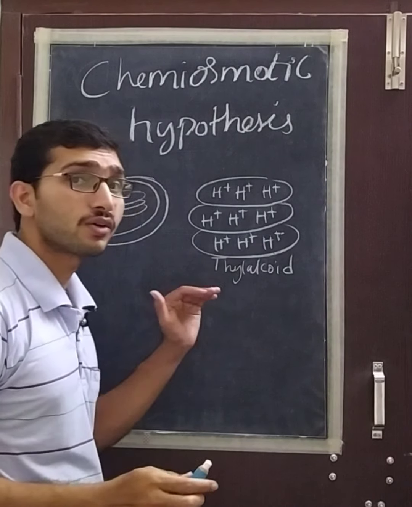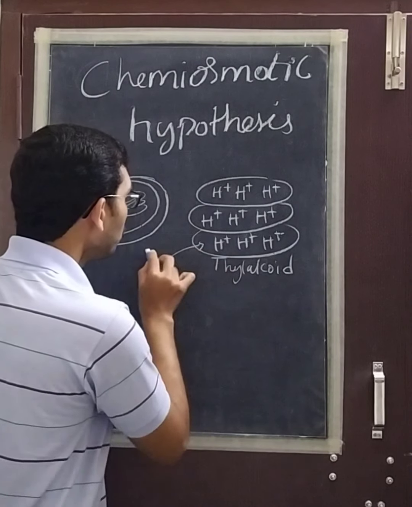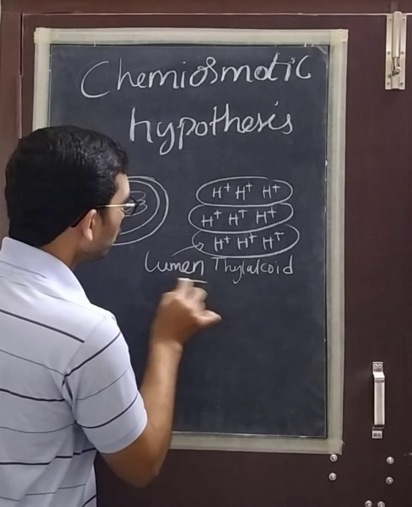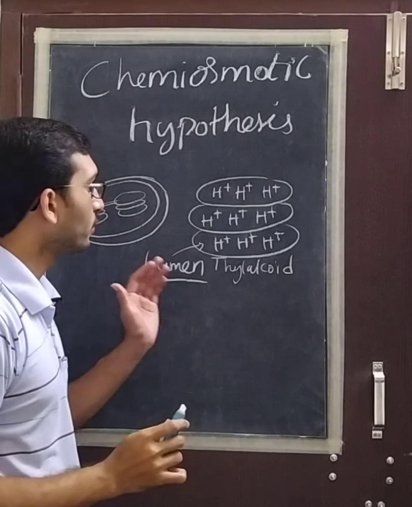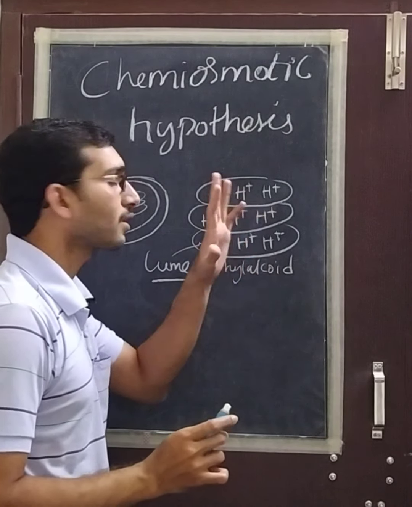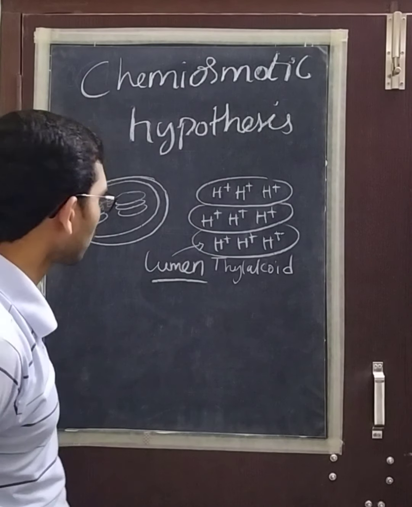This inner space of the thylakoid is officially called the lumen. Inside the lumen we have the high proton concentration, that is hydrogen ions.